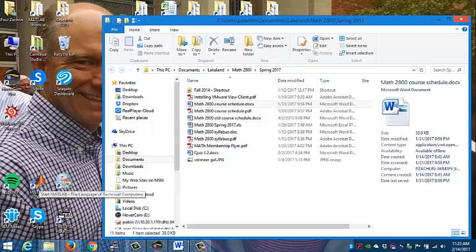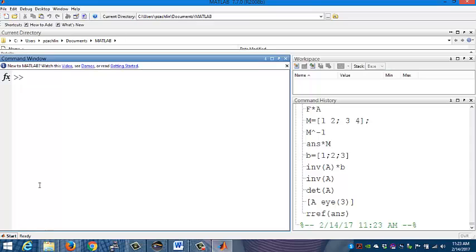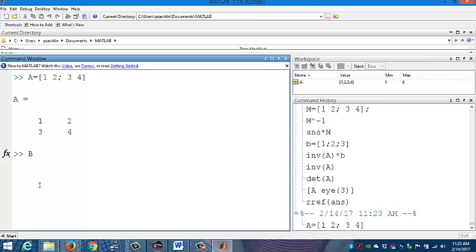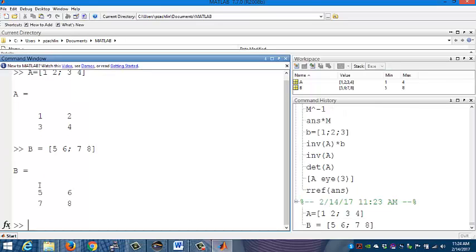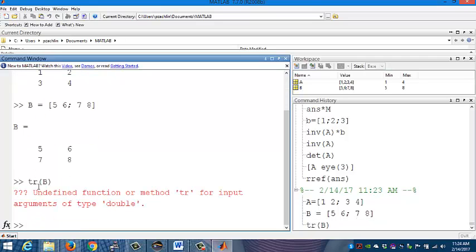Sorry, 6 is false. Okay, let me get your matrices and verify with MATLAB here. A is 1, 2, 3, 4. Love that matrix. B is 5, 6, 7, 8. By the way, does trace work for A?